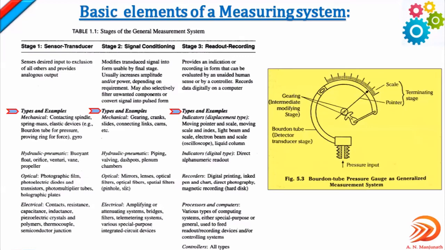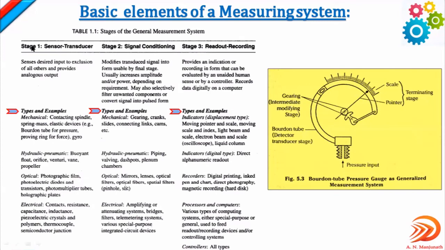This table that you are seeing over here shows some basic elements of the measurement system for different measuring instruments, that is mechanical, hydraulic, optical, electrical instruments. All of these generally have these three stages.